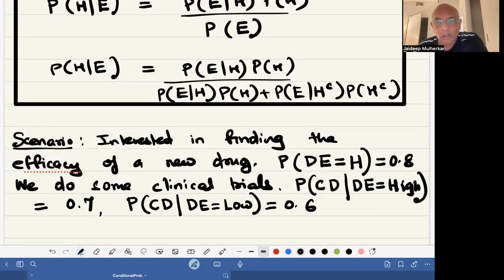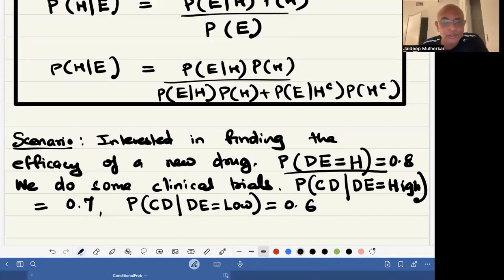Okay. So we are given this information. The first is our belief that the drug has high efficacy, which is 0.8. And then after the new evidence, which comes via clinical trials, we have this likelihood. How likely is this data given that the drug efficacy is high? 0.7.